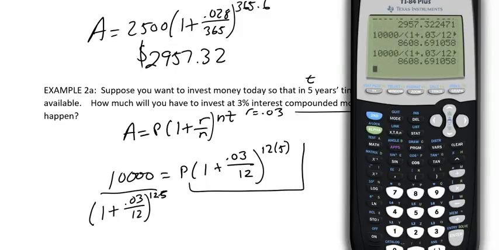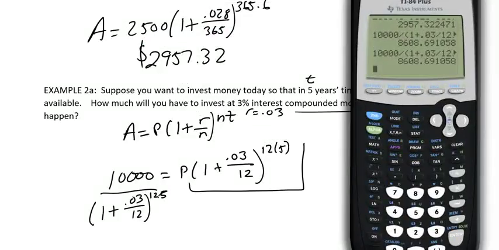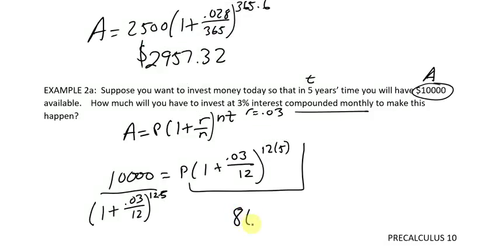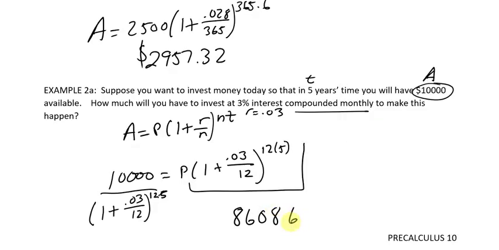So we'd have to invest $8,608.69, and that would give us 10,000 at the end of 5 years.